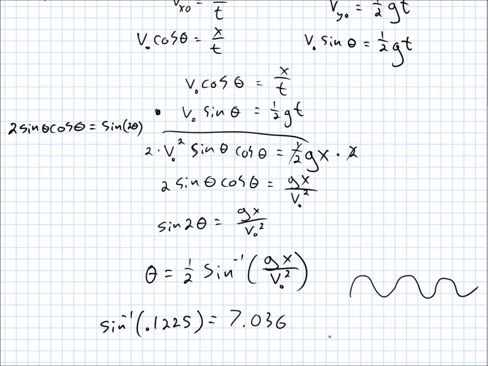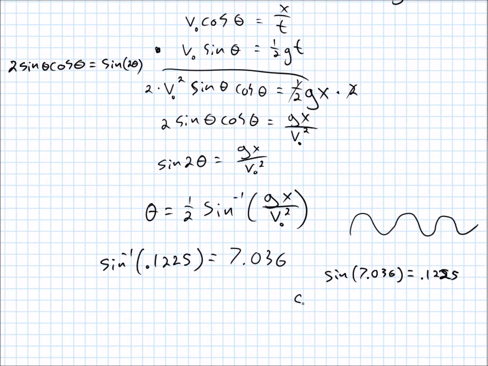Or in other words, the sine of 7.036 is equal to this 0.1225. However, we also have another solution to this. We know that the sine of 180 minus 7.036 is also equal to 0.1225.